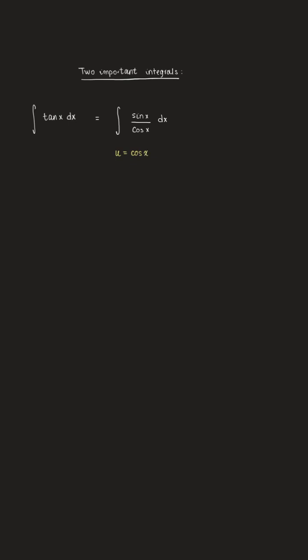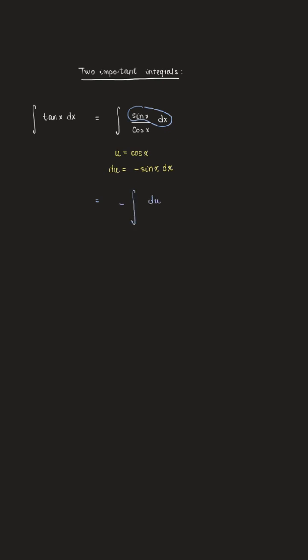So if u is cosine of x, then du will be negative sine x dx.